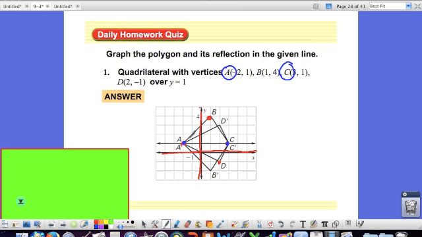And for D, your original D was 2 spaces below this line. This is the line of reflection. It's now 2 spaces above. So once again, when you're reflecting over y, the x value doesn't change.